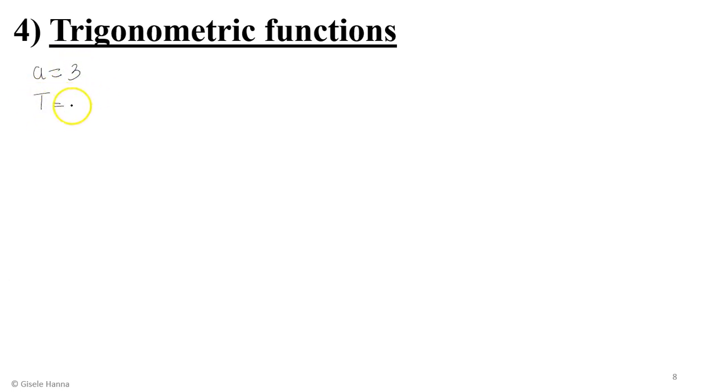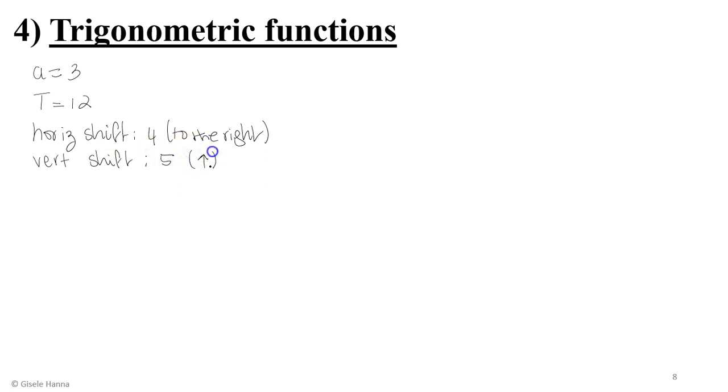We have that the period is 12, and we have the horizontal shift to be 4. Of course, that is to the right. Keep in mind the orientation of the shift, and we have a vertical shift which is equal to 5, and keep in mind that it's upwards.